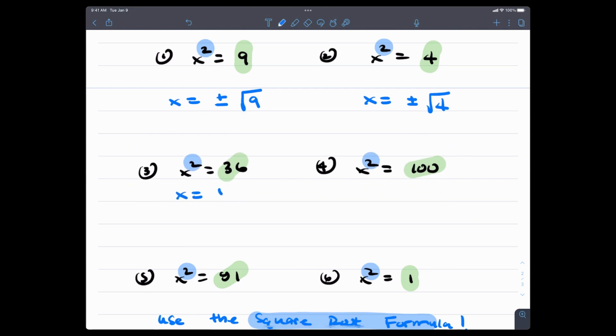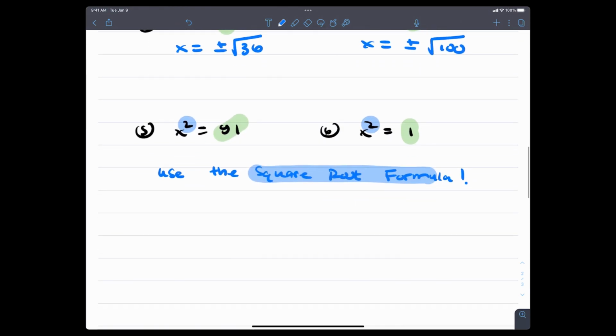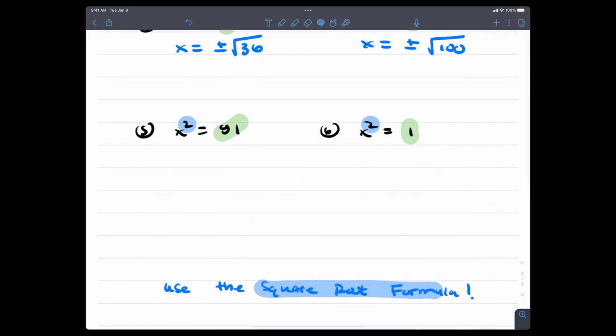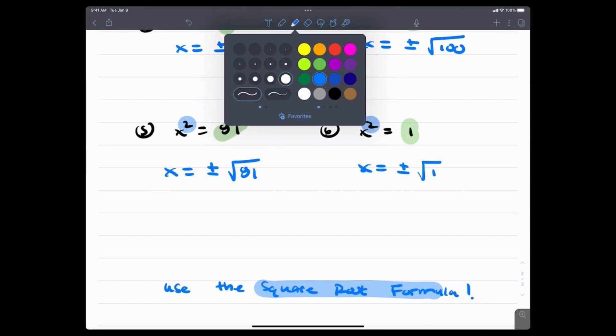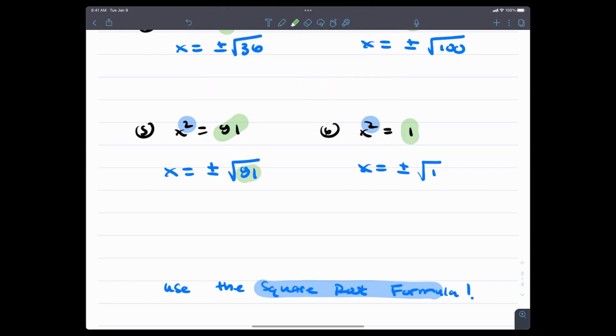X is plus or minus square root of 36. X is plus or minus square root of 100. X here is plus or minus square root of 81. X is plus or minus square root of 1. So in every one of these cases, plus or minus square root of the number.